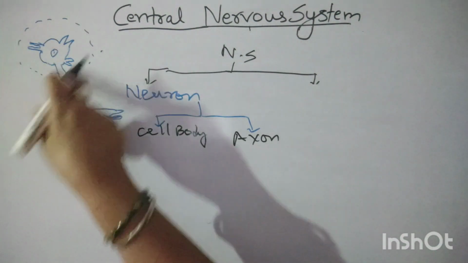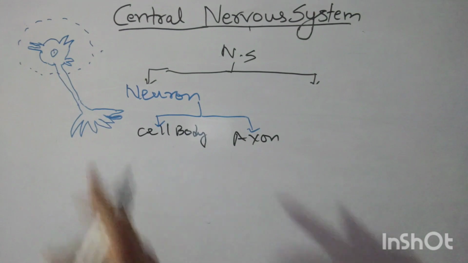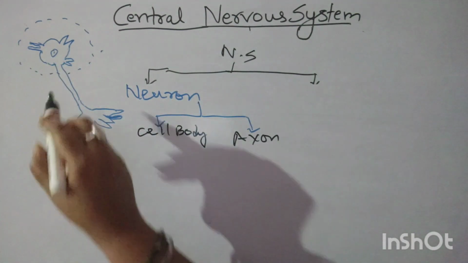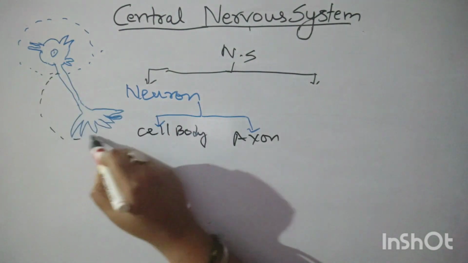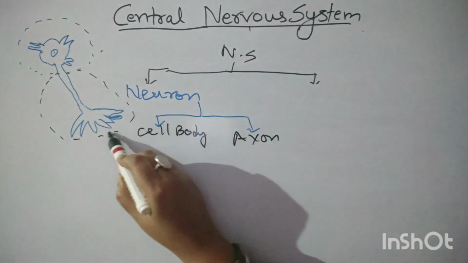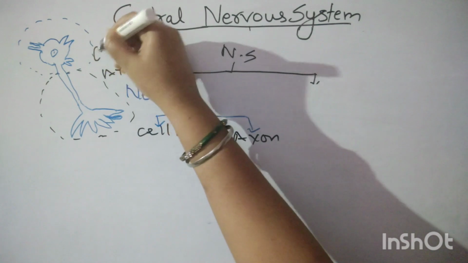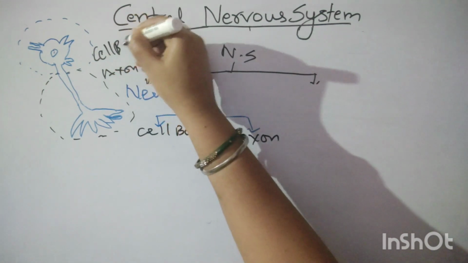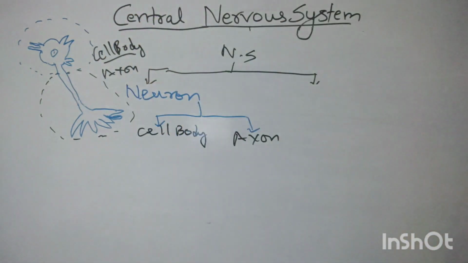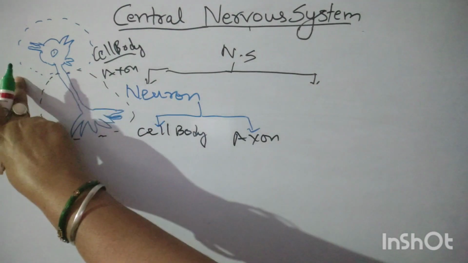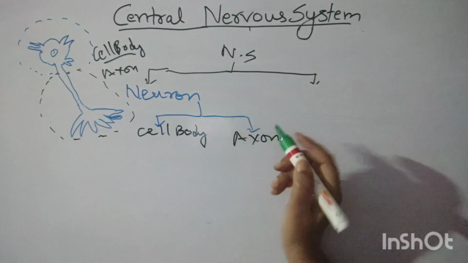The upper part is called the cell body, and the lower part is called the axon. Now if we see, the cell body is above and the axon is lower.